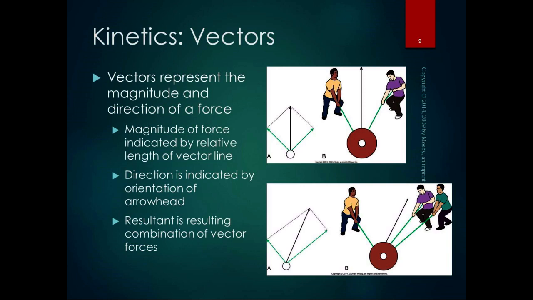They're pulling a giant donut. One guy's pulling a little bit to the right and towards him, the other guy's pulling a little bit to the left and towards him, and the resultant vector is the donut moving straight in between them. When we unbalance the forces a little bit and get more pull to the right, the resultant vector is going to be more to the right.